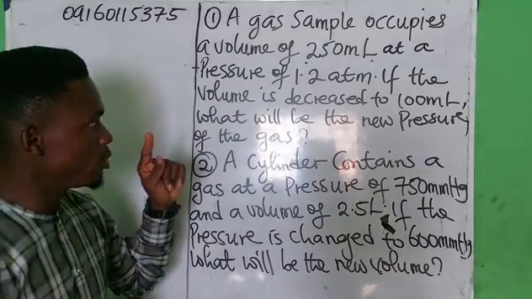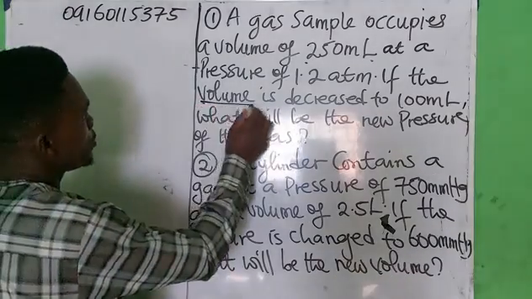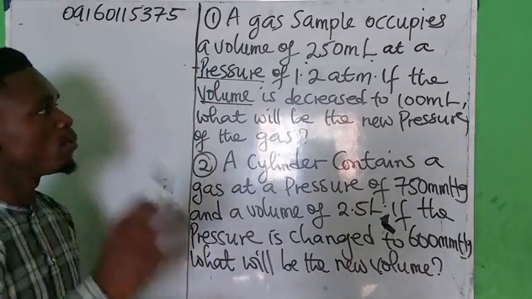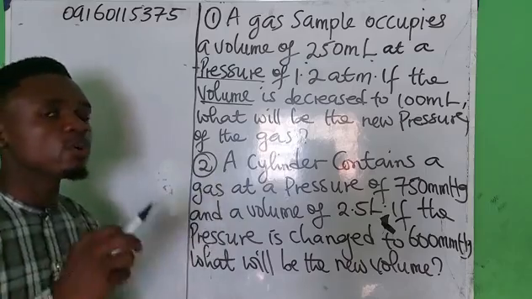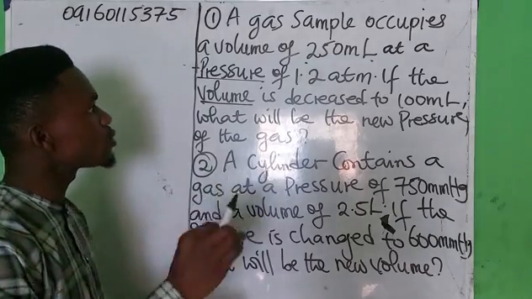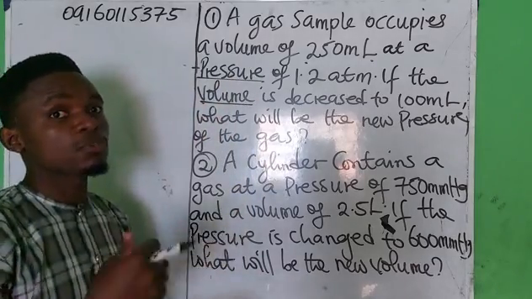What we have on the board are just two entities, volume and what? Pressure. What comes to your mind? Boyle's law. Boyle's law states that the volume of a given mass of a gas is inversely proportional to its pressure, provided that the temperature is kept constant.